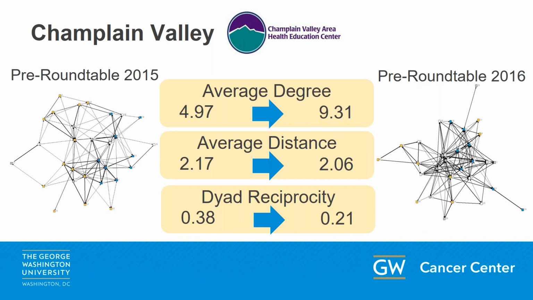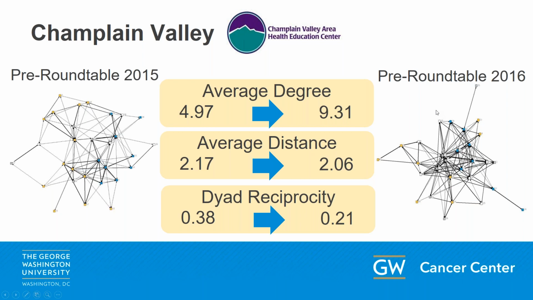So Champlain Valley Roundtable actually had a weaker social network at the very beginning of the Roundtable initiative, but Roundtable participants appreciated the opportunity to share their programs with each other, and with some good leadership and commitment from all of the attendees, the number of connections per attendee increased dramatically.